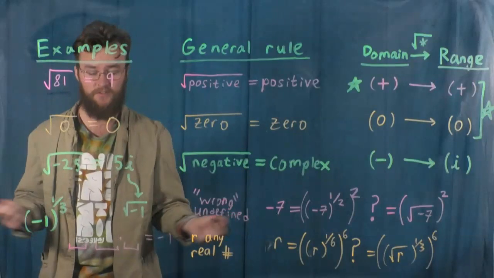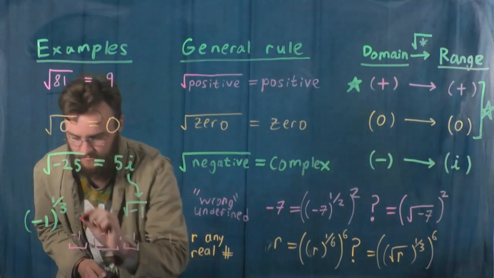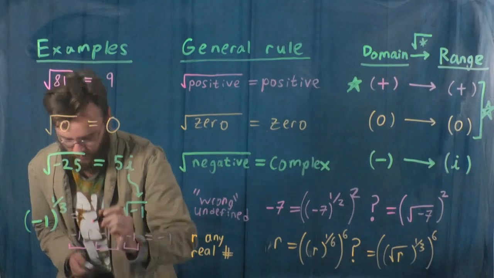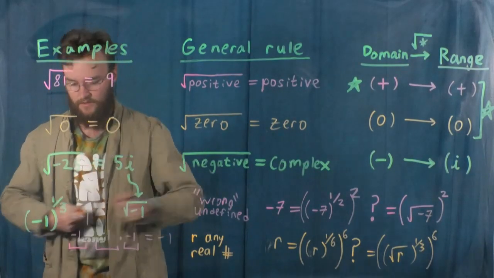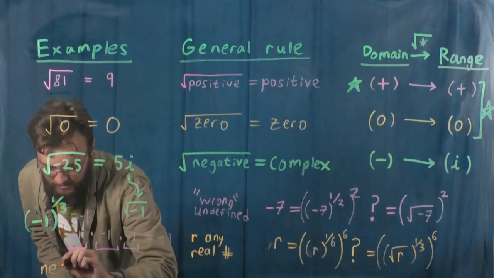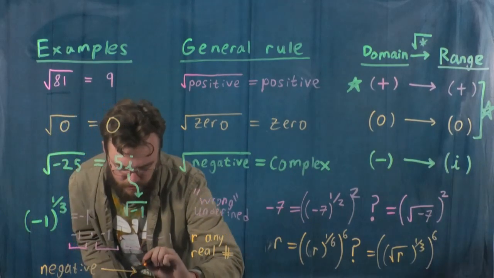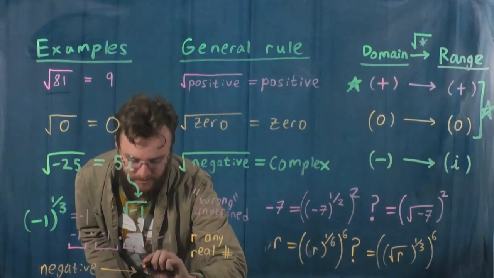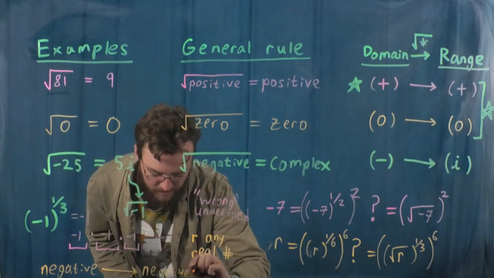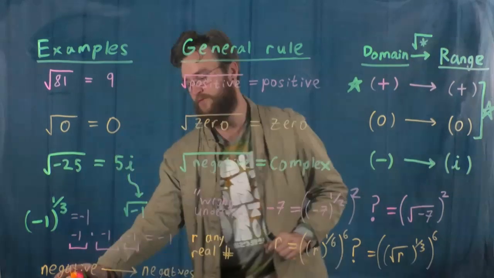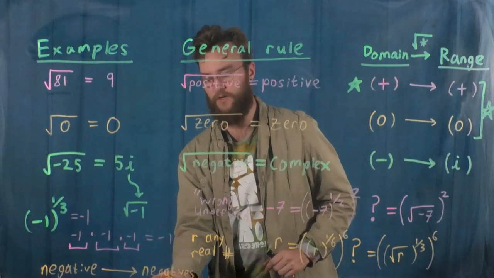And there's an easy solution there. That's just -1 itself. It's equal to -1. So for the cube root, we get negative numbers being sent to, I'm almost going off the board here, negatives. And so negative numbers would be the domain here, and negatives would be the range as well for a cube root.